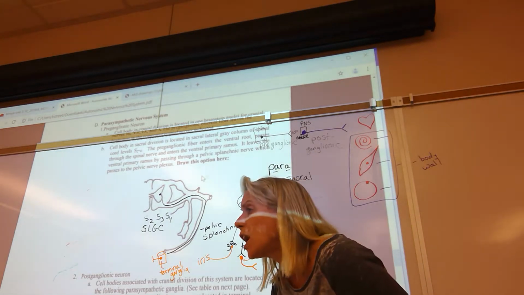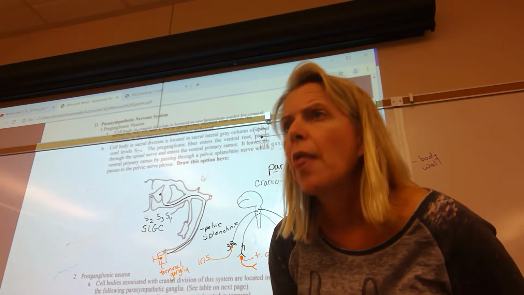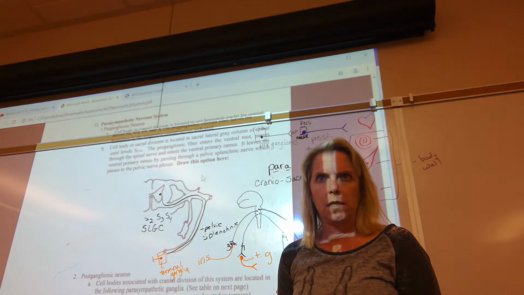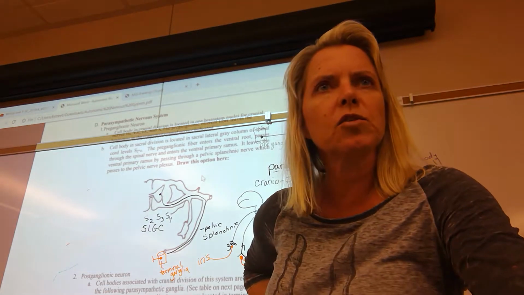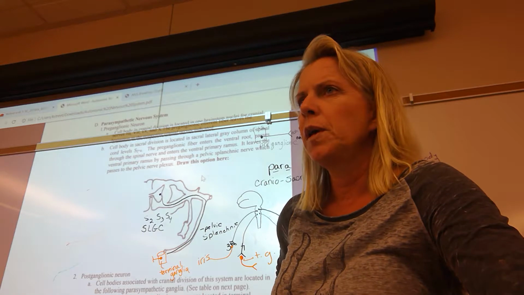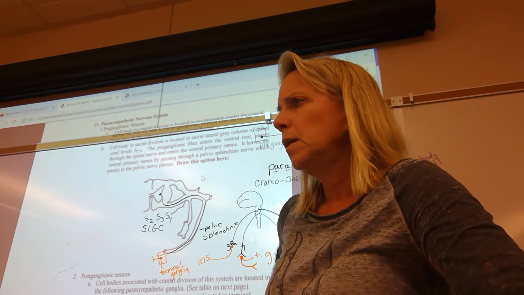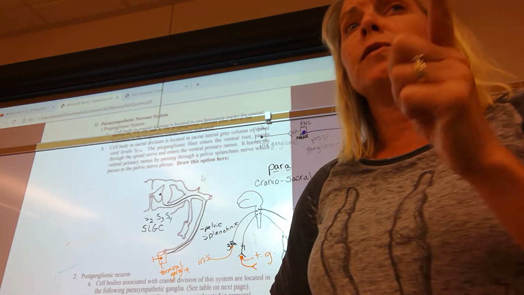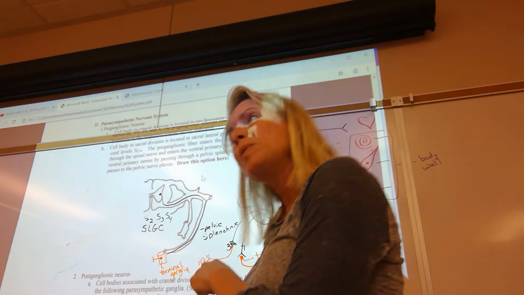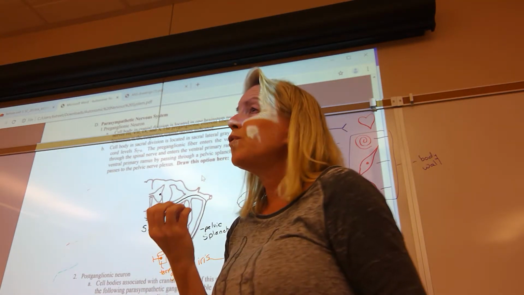Parasympathetic does not target fat. No, it does not. Thank goodness. Could you imagine going to sleep at night when your parasympathetic division has even more control and waking up with more fat cells than what you had when you went to bed? But if you're running for your life, we're glad that the sympathetic division targets fat, because that's a fuel source.